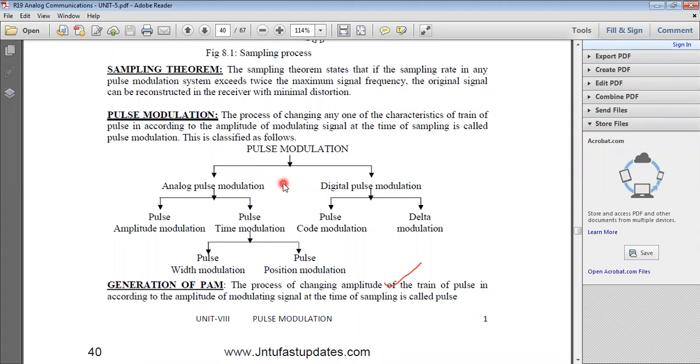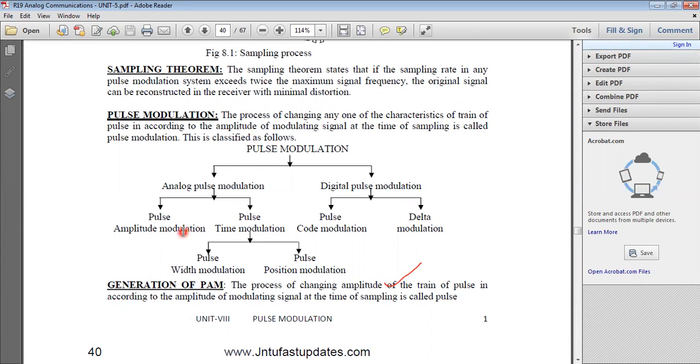But here, the process of changing any one of the characteristics of a train of pulses according to the amplitude of the modulating signal is called pulse modulation.